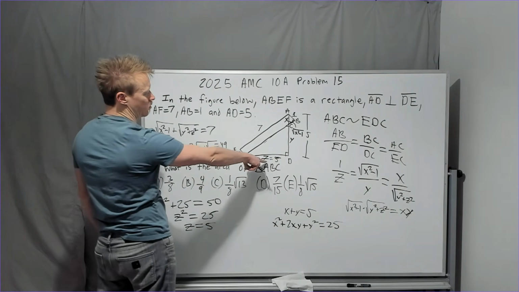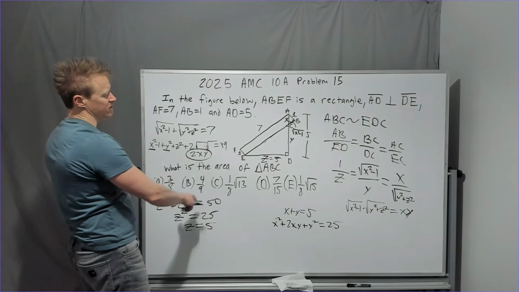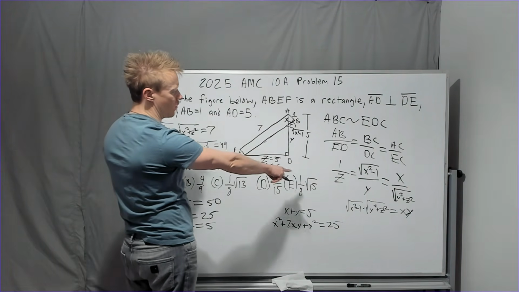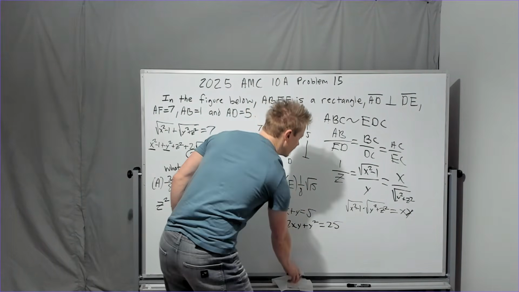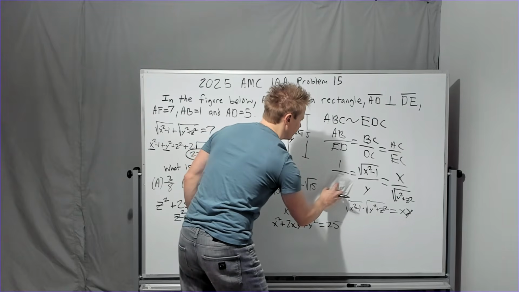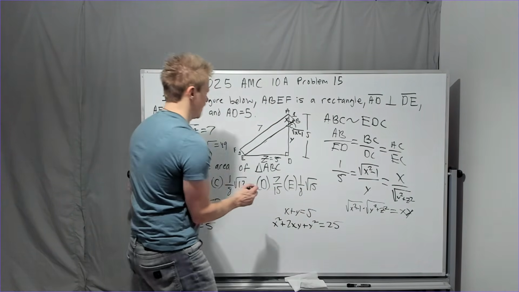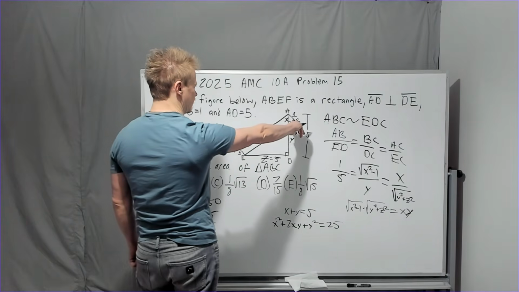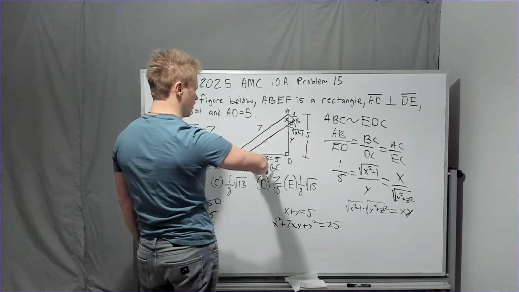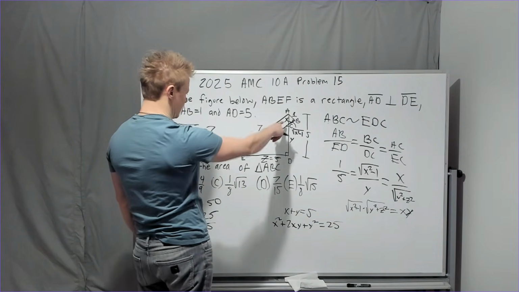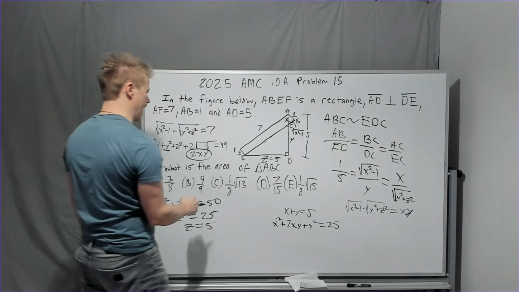So z equals 5. Then what do we do? Now we have a lot of options. So you come over here, let's erase the z and put 5. And let's go back to this claim over here that we had x squared minus 1. Well, we're trying to find the area of that, right? If we could just find out what x was now.